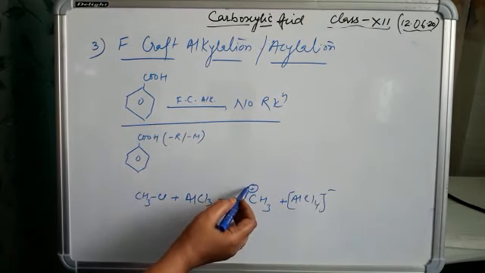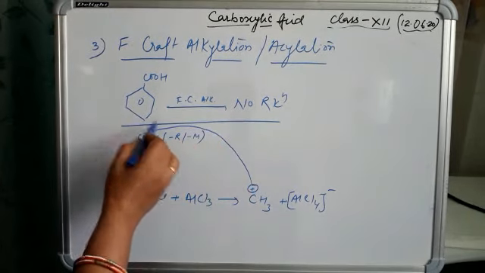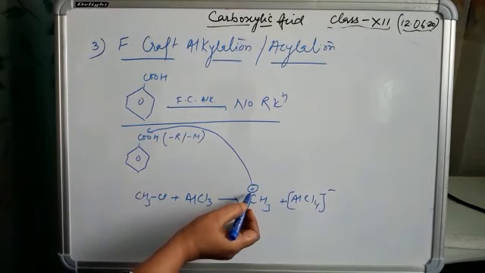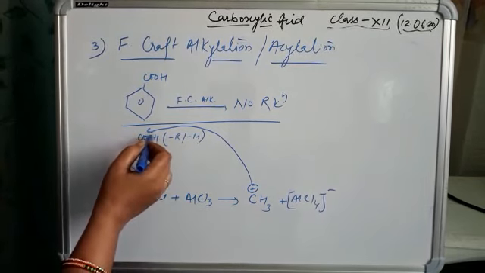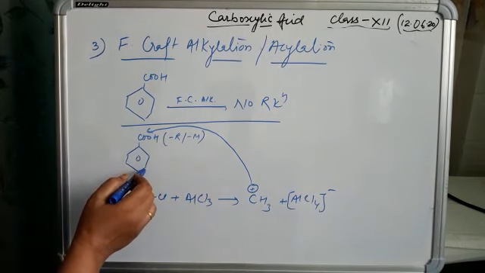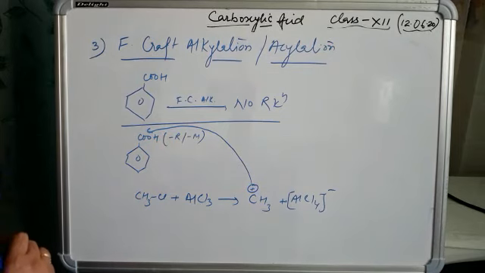This electrophile goes directly on the COOH because it is the electron loving species and here is the electron available. Instead of attaching to the ring, it directly goes onto the COOH group.